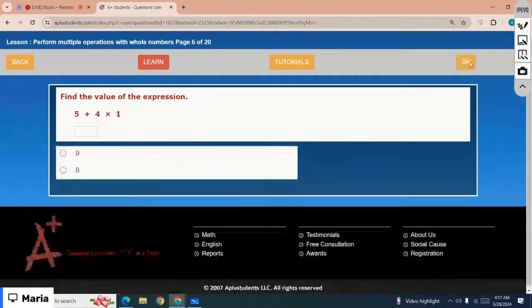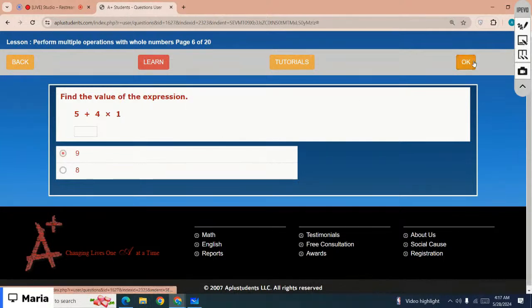Find the value of the expression. Which is the correct option? The correct option is 9. It is option number one.